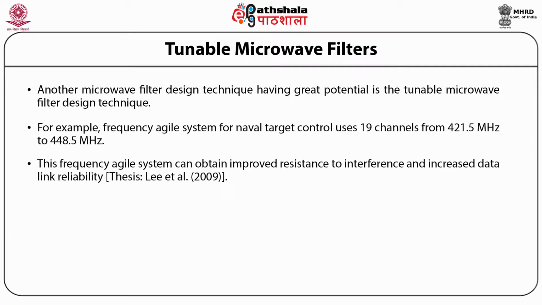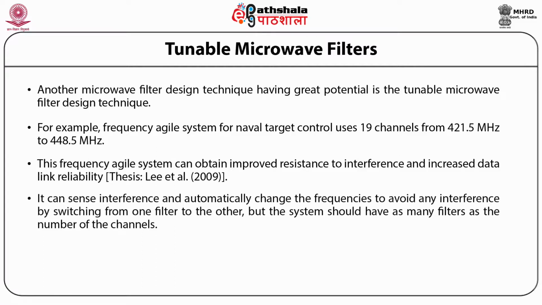This frequency agile system can obtain improved resistance to interference and increase data link reliability. So it can sense interference and automatically change the frequency to avoid any interference by switching from one filter to another. But the system should have as many filters as the number of channels.